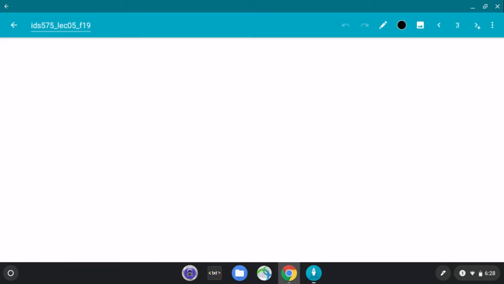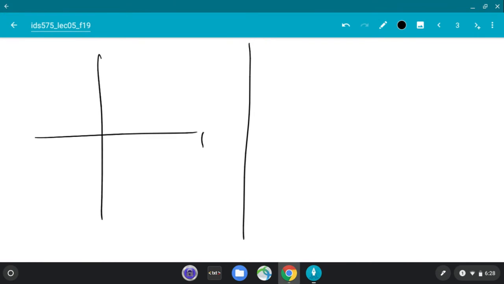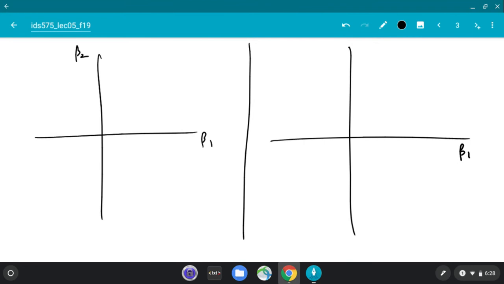Okay, so now I want to quickly contrast ridge with lasso. This is just an illustrative diagram. Okay, a two-dimensional problem, beta 1, beta 2. Let's say there's a beta hat here, as in beta hat least squares, without the penalty terms.